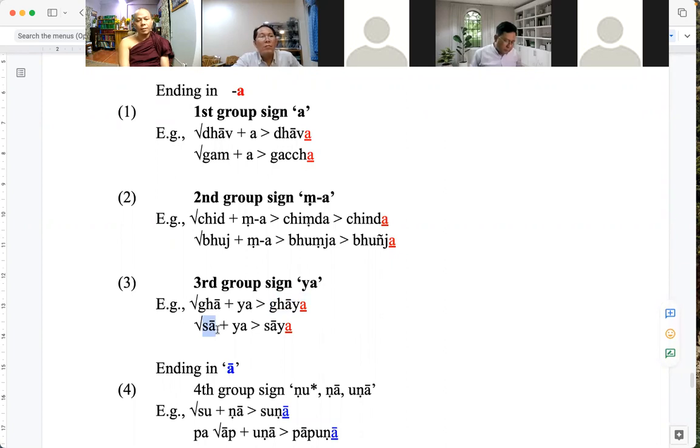Later when we analyze those verb forms, I will give the meaning. But here, so as not to be confused, I skip the meaning, just to emphasize the ending vowel of the base.